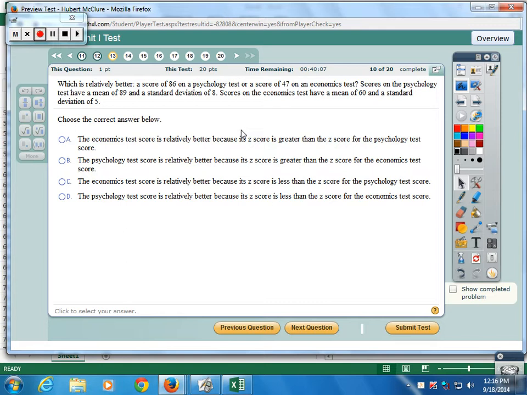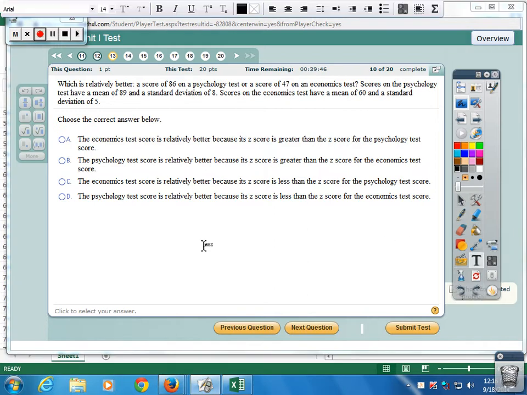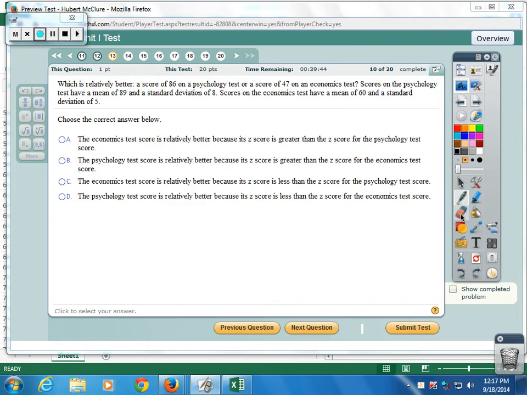So what is 86 minus 89 divided by 8? Negative what? Negative 0.375.